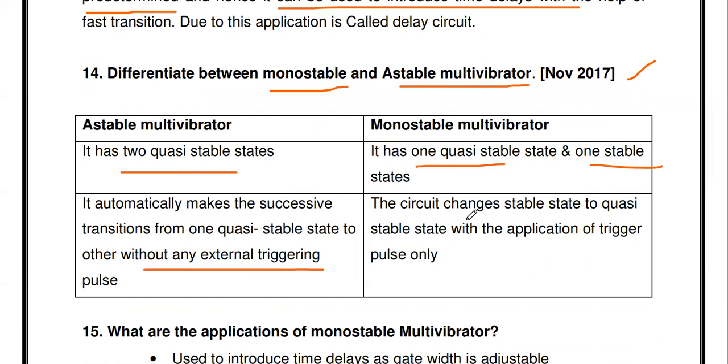But in a monostable, to change from the stable state to the quasi-stable state, we have to give the trigger pulse. Only when you apply the trigger pulse does the circuit change from the stable state to the quasi-stable state. Also, astable generates a square waveform of its own, but a monostable will not generate a square waveform of its own. These are the differences between the monostable and astable multivibrator.